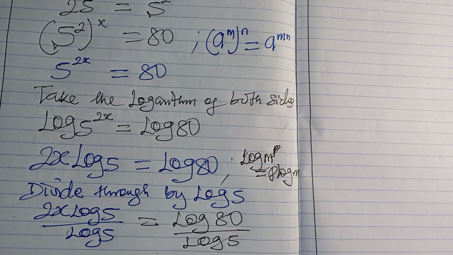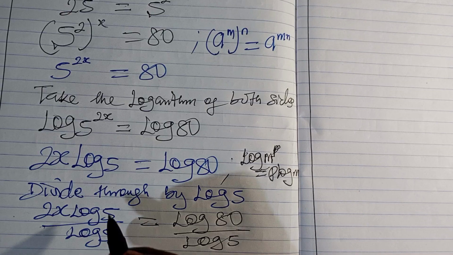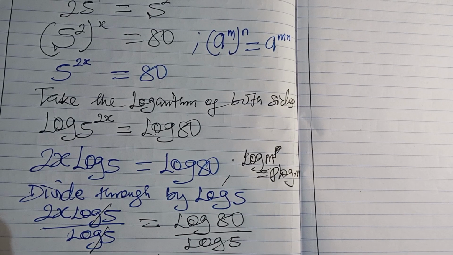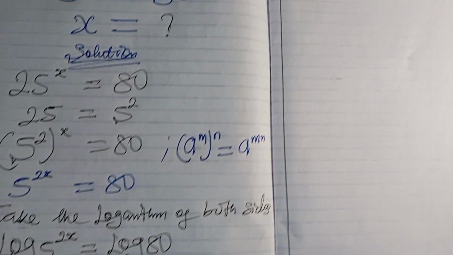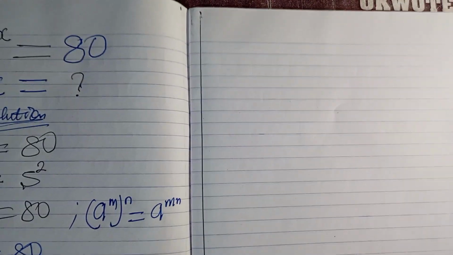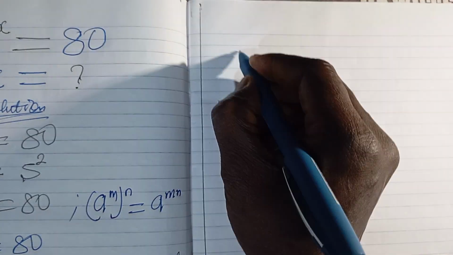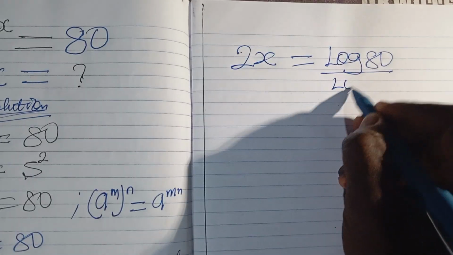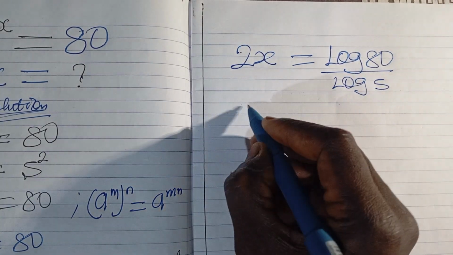Alright, so this log 5 can cancel. We have 2x equals log 80 divided by log 5.